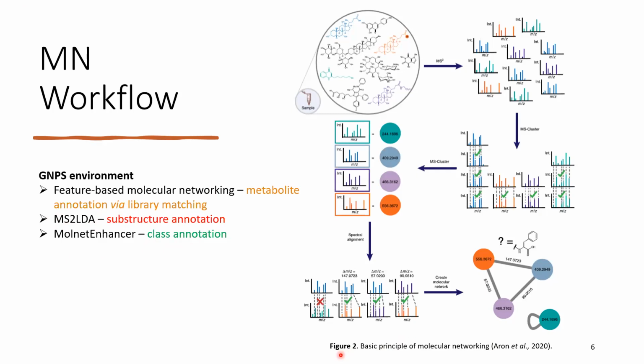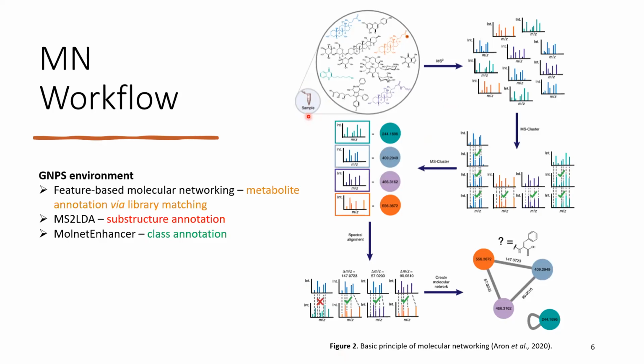Molecular networking was developed based on the fact that if metabolites are from the same class, they will produce a similar fragmentation. Okay, if we look at this, I'll take you through this process.